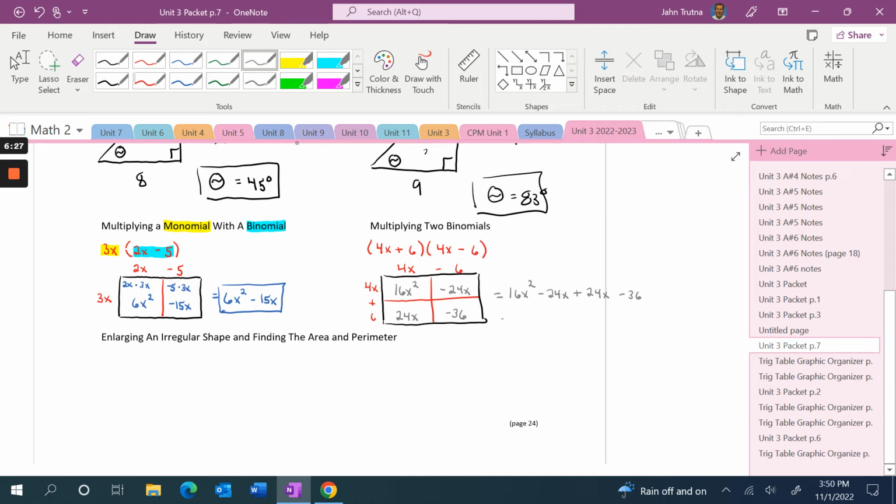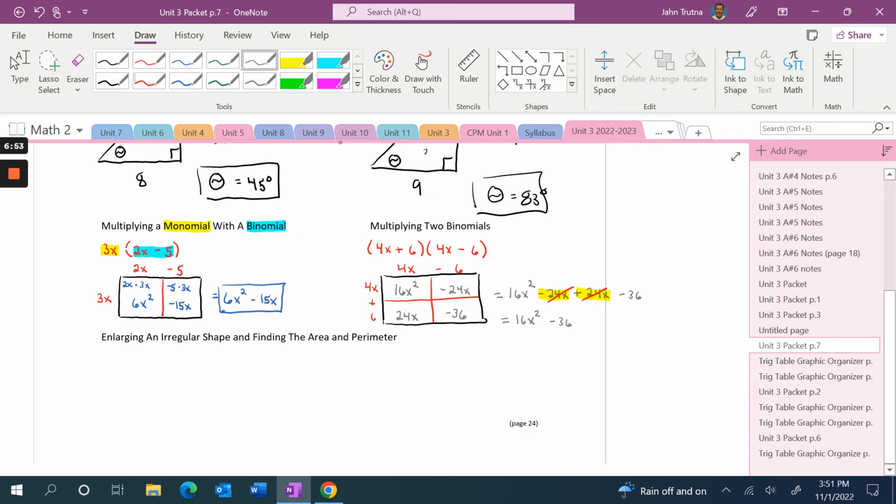Now, that would be my answer if I cannot combine any terms together, but you see that I can combine the minus 24x with the plus 24x. As a matter of fact, when I combine those two terms together, they cancel each other out. They're opposites of each other, so they get eliminated. So my final sum is 16x squared minus 36.